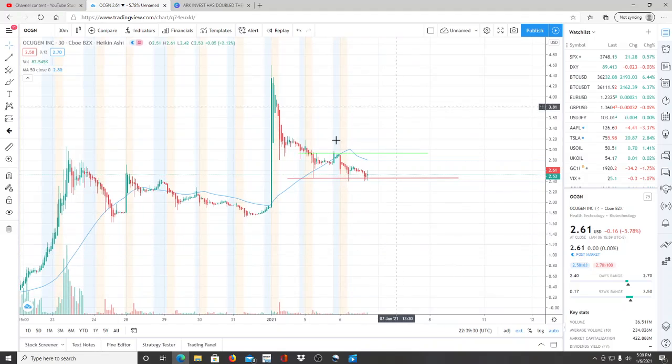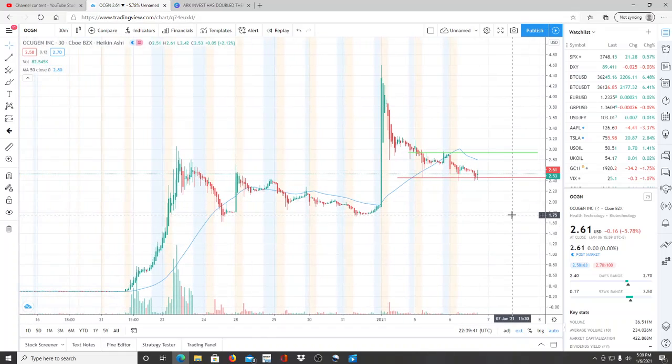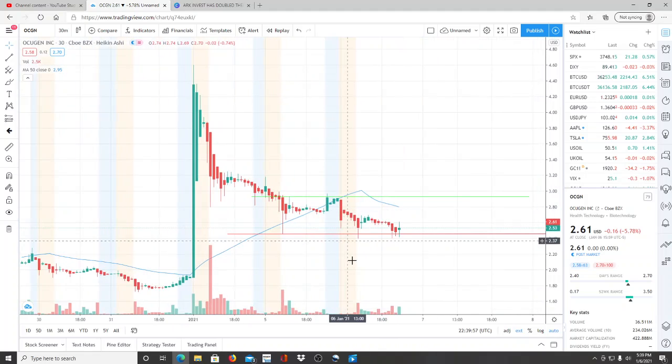But I believe that if it holds itself up, just like I drew out, there could be a possibility for that sideways consolidation and the next jump up, because all we're waiting for is the next speculation, the next hopeful and positive news moving forward with Ocugen and the biotech firm in India that made Covaxin in their partnership and what goes on with them, right? So let's see here.